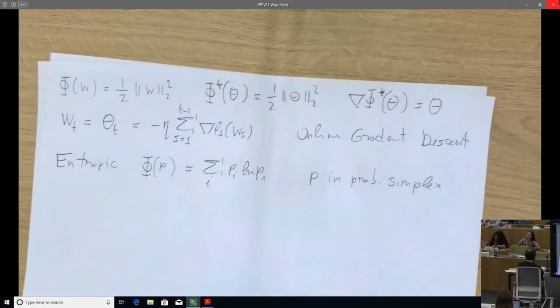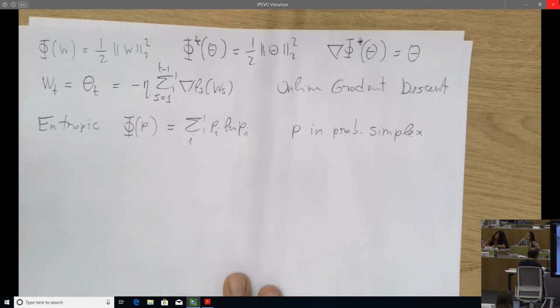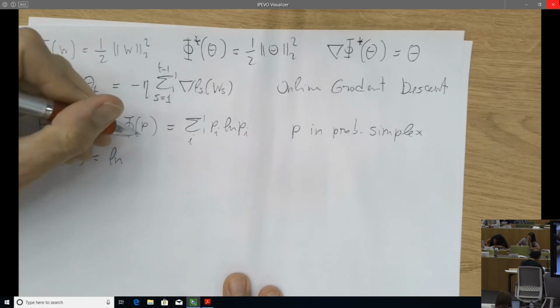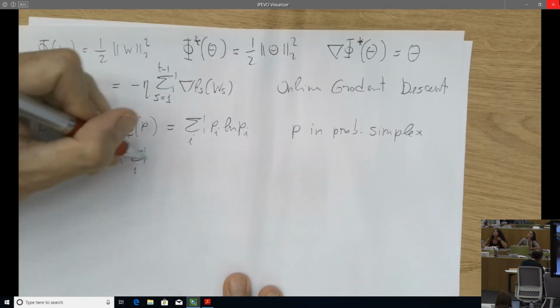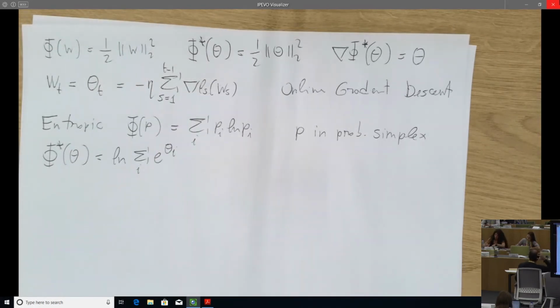So p is in the simplex, right? So let's do the convex dual. This is a little tricky, but I will compute the convex dual for you, and it boils down to this thing over here. You have to believe that.